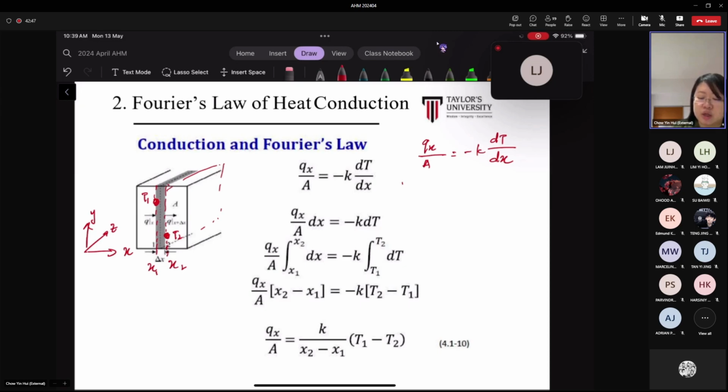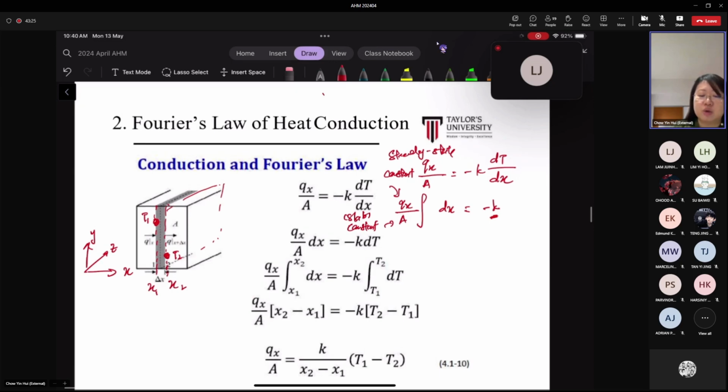Rearranging. At steady state, the rate of heat transfer is a constant value. In this case we are dealing with a slab, so the area is constant as well. So the next thing is to rearrange the variables and integrate with respect to x. On the right hand side, the thermal conductivity depends on temperature, so you may need to make an assumption.